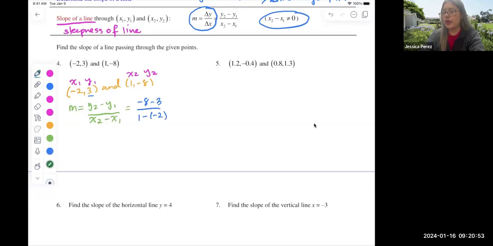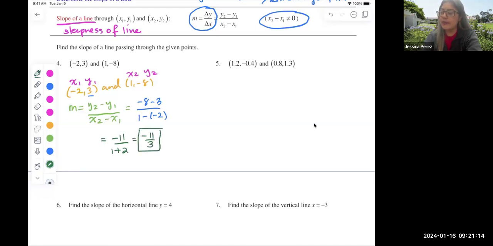Always make sure that when you have two negatives, you put a parenthesis in between, okay? Notation matters. So here I'm going to get -11 over 1 plus 2. So 1 plus plus, so it's -11 over 3.